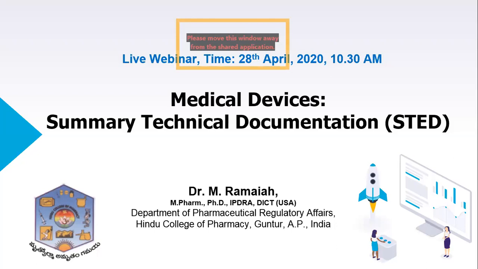Let us give an example. If it is a pharmaceutical product and you want to get a regulatory approval from the US FDA or any particular country, you want to submit a DMF, right? Drug master file.